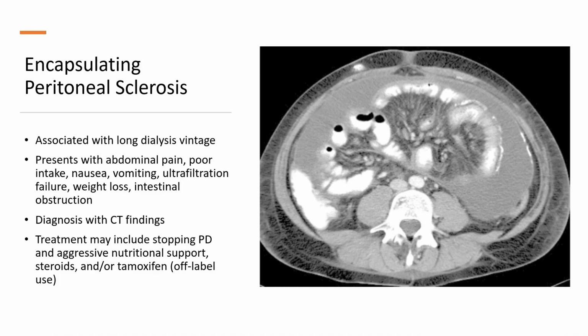The CT, as you can see here, this is pretty severe changes. So you see the bowel kind of drawn into the center of the abdominal cavity, and you can see ascites around it. Oftentimes this ascites will be loculated because of adhesions.